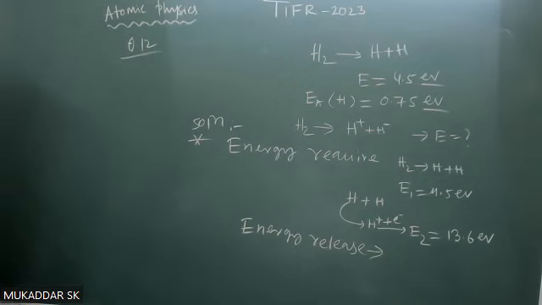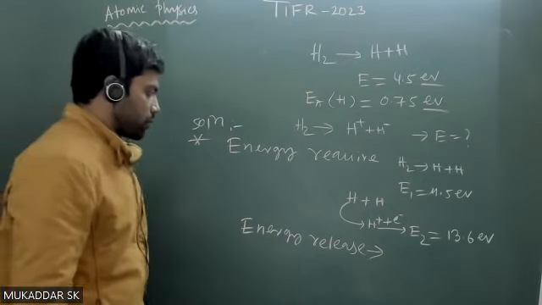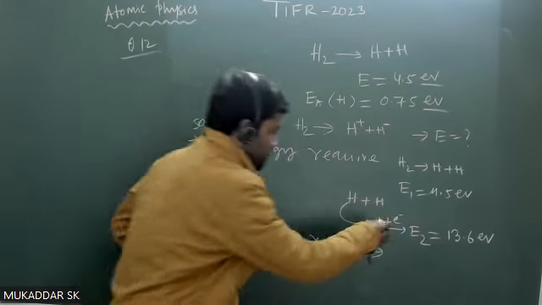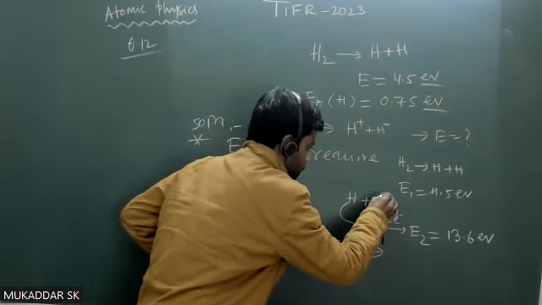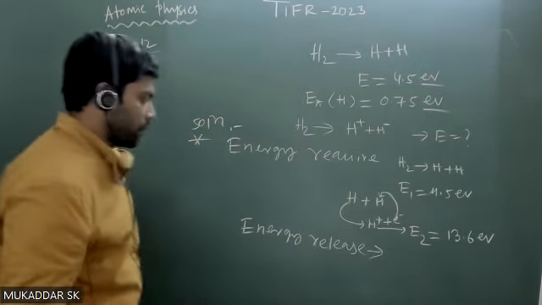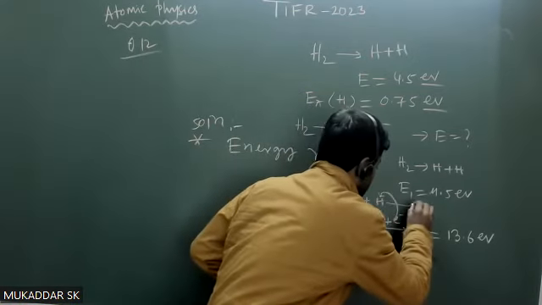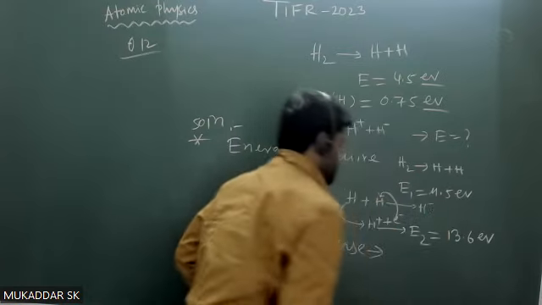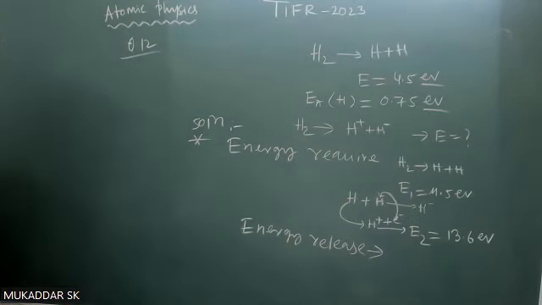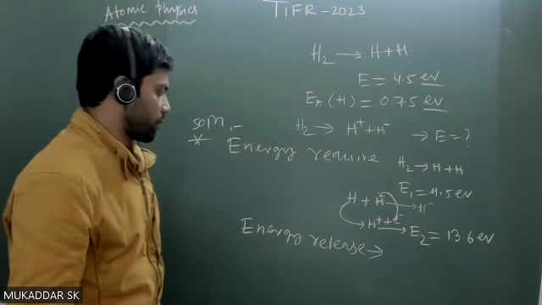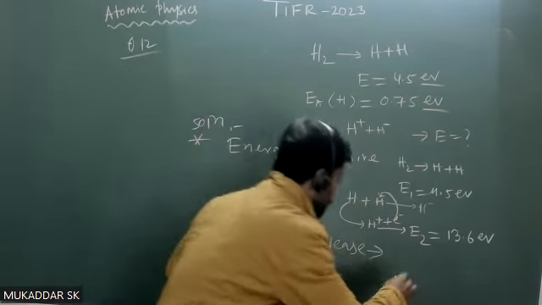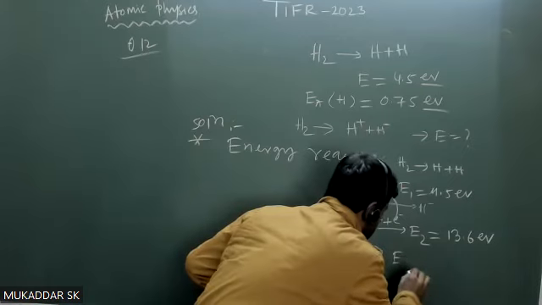When this electron is absorbed by the other hydrogen atom, it will be converted into H minus, and the energy release for this phenomenon will be nothing but the electron affinity.